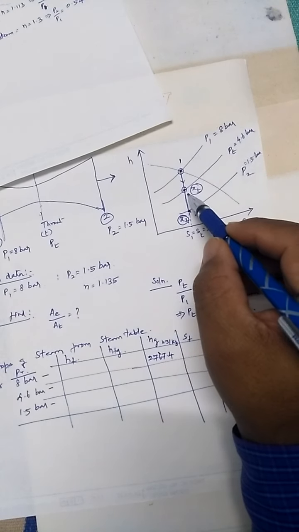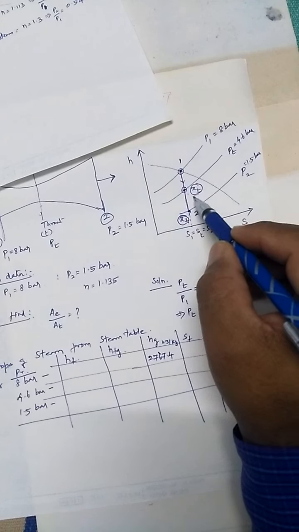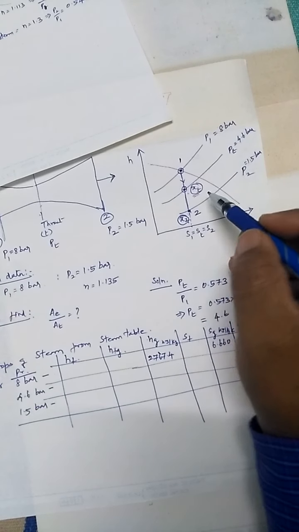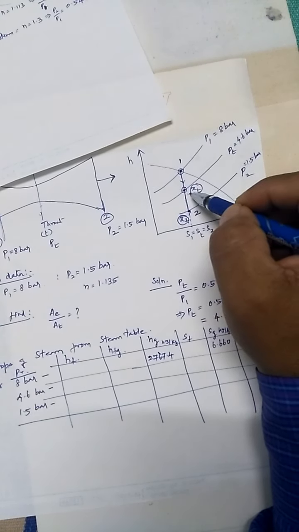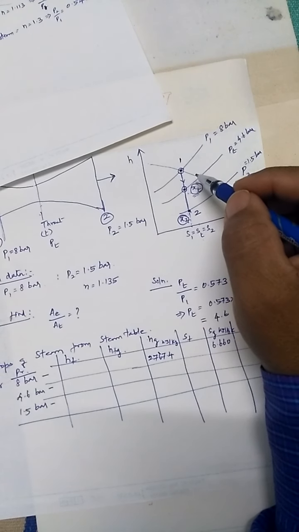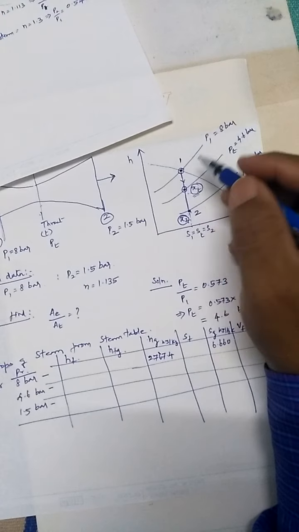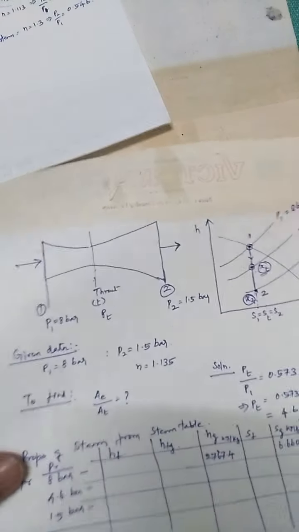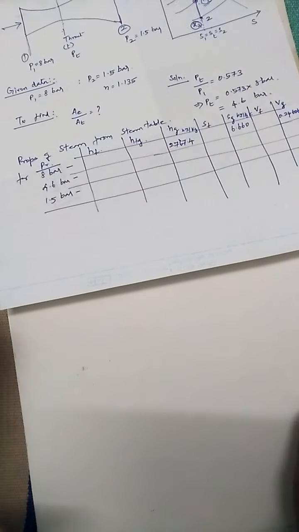Now for this point we have to calculate the dryness fraction X. This entropy and this entropy are the same, so I am going to use that relation to find the values.